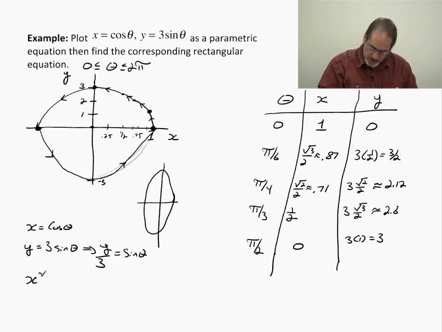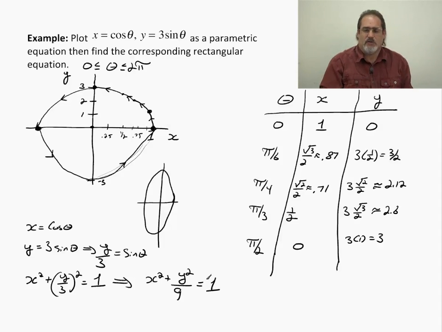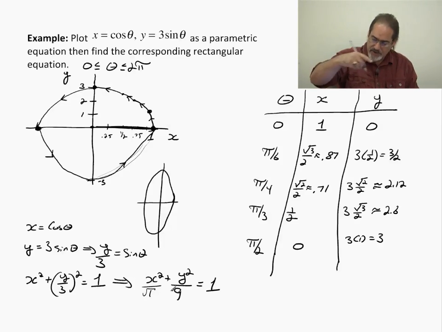So x squared plus (y over 3) squared equals 1. Well, that implies that x squared plus y squared over 9 equals 1. That's the basic equation for an ellipse, where my minor axis has a radius of square root of 1, which is just 1, sure enough, and the major axis has a radius of square root of 9, which is 3.